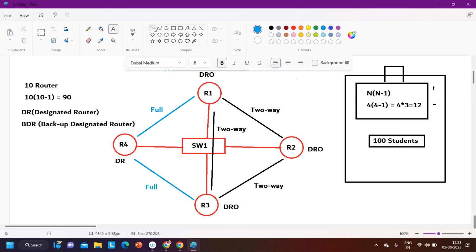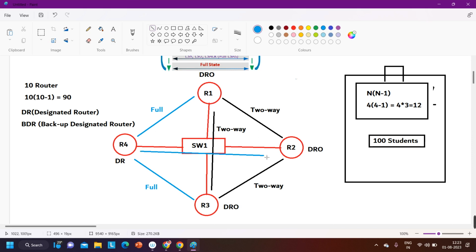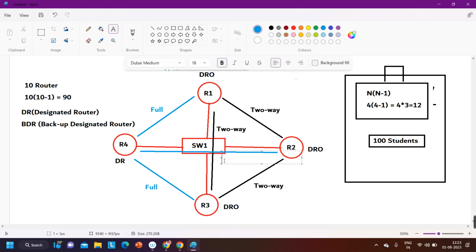Between router 4 and router 2 also there will be full adjacency. So now tell me, how many full adjacencies are there, guys? Only three. So we have reduced the number of full neighborships. Yes or no? Yes.